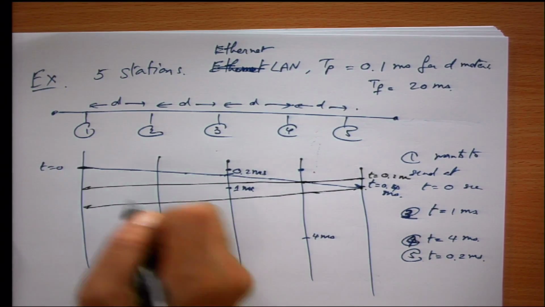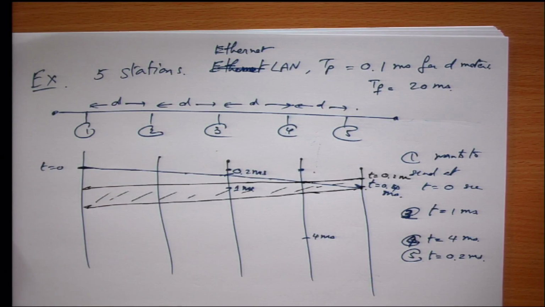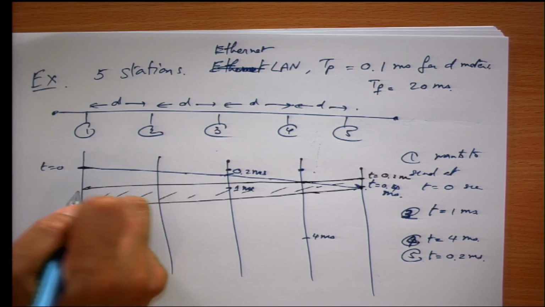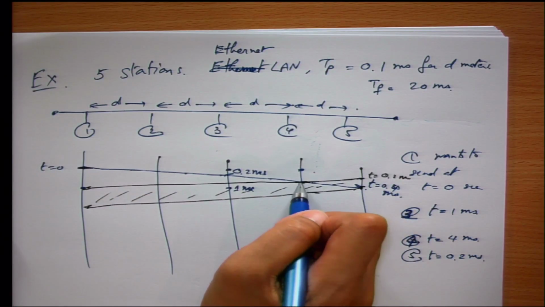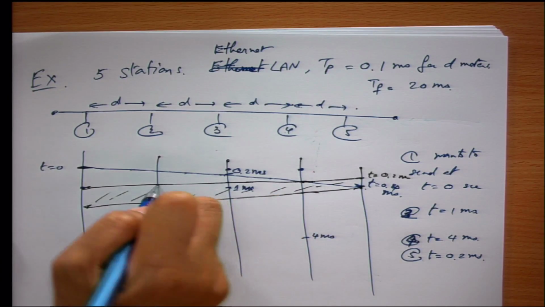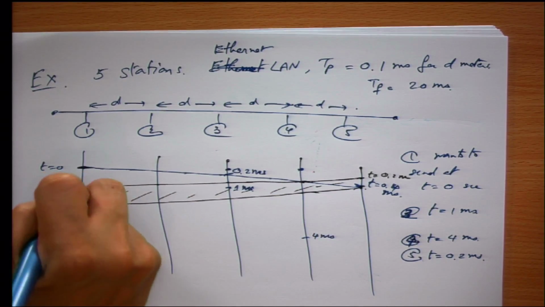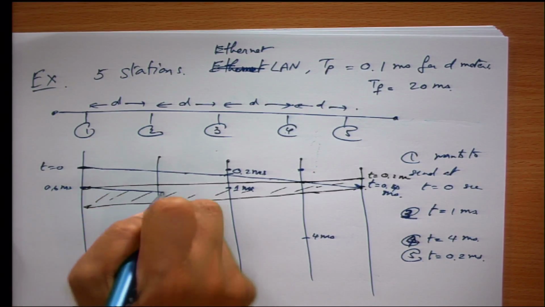It sends only this frame. How about station 1? Station 1 sees the collision at this point. This one starts at 0.2 millisecond, so the delay is 0.3 millisecond, 0.4 millisecond, 0.5 millisecond, 0.6 millisecond. So this one will stop sending.